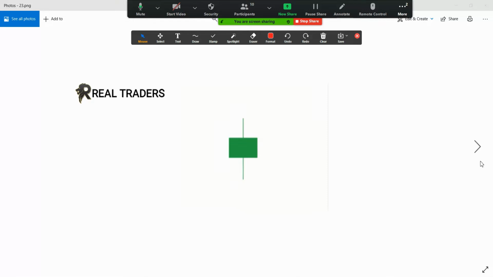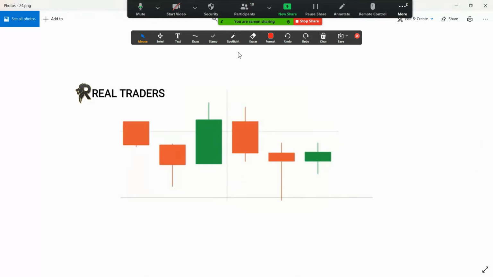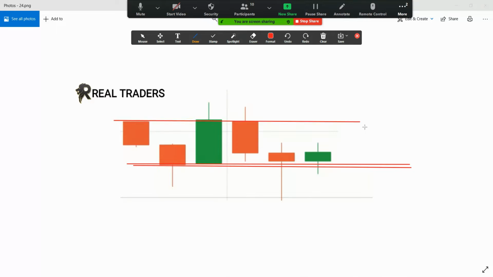Okay, so let me also show you some examples about this one. You can see these are all levels, and here you can see a spinning top, right?